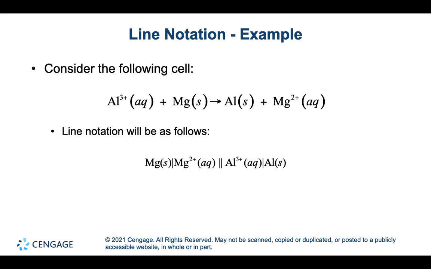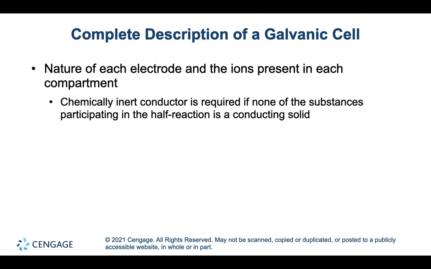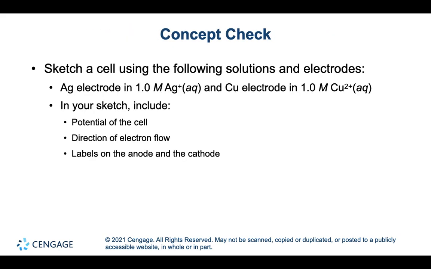Piece of magnesium on the anode side, piece of aluminum on the cathode side. But in some cases, like with the standard hydrogen electrode, you don't have a piece of metal for either part of the reaction, you have to use a piece of platinum or some other chemically inert material.